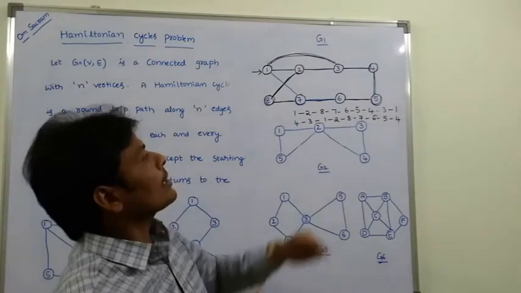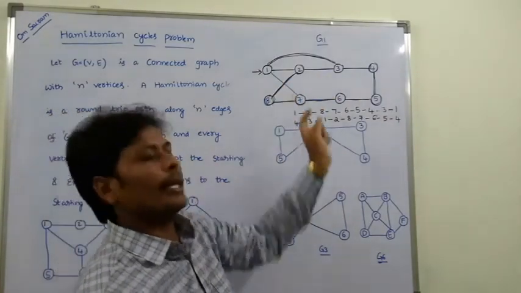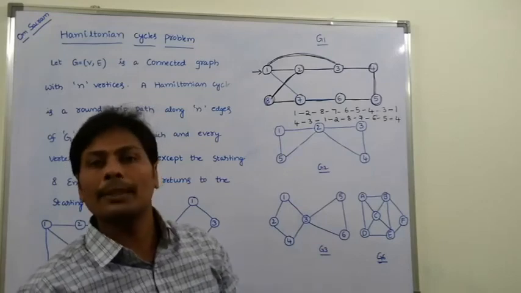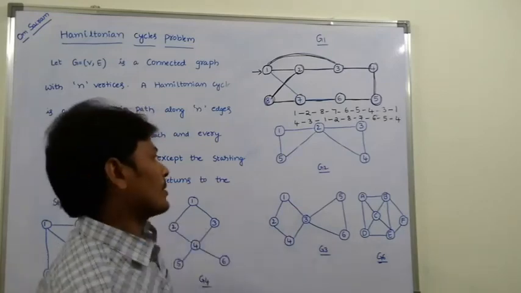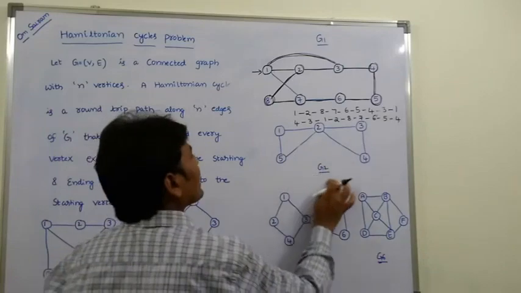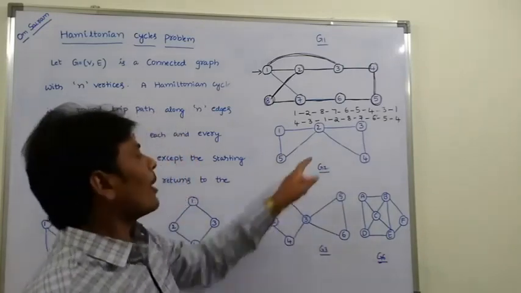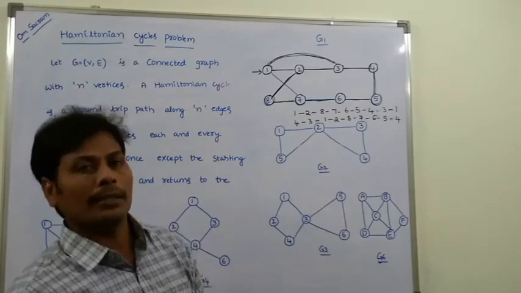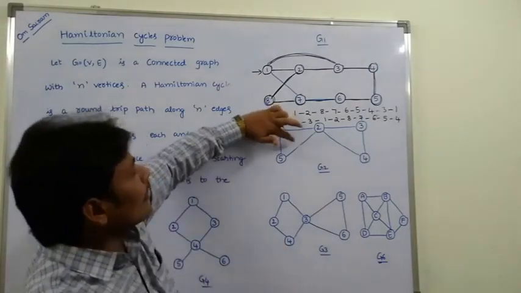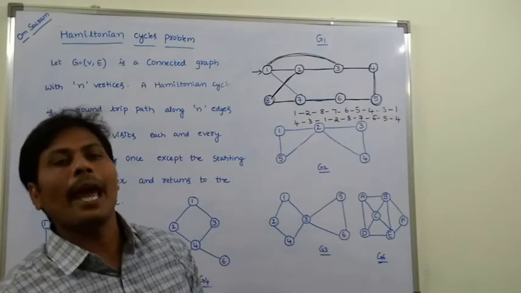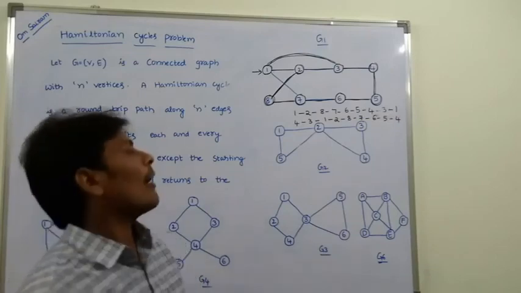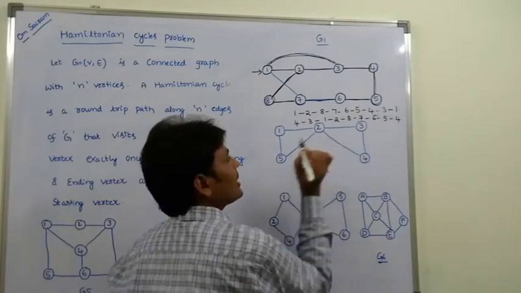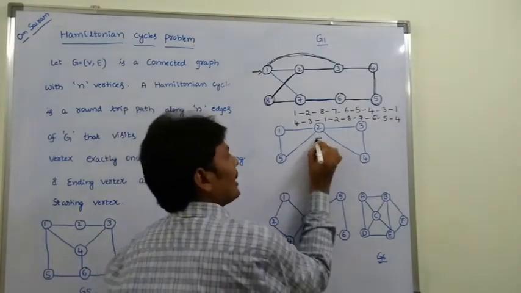So we can start at any vertex in the given graph for finding the Hamiltonian cycle. Next, suppose we take this graph. Does this graph contain any Hamiltonian cycle or not? This graph does not contain any Hamiltonian cycle because it contains a vertex called a junction point.